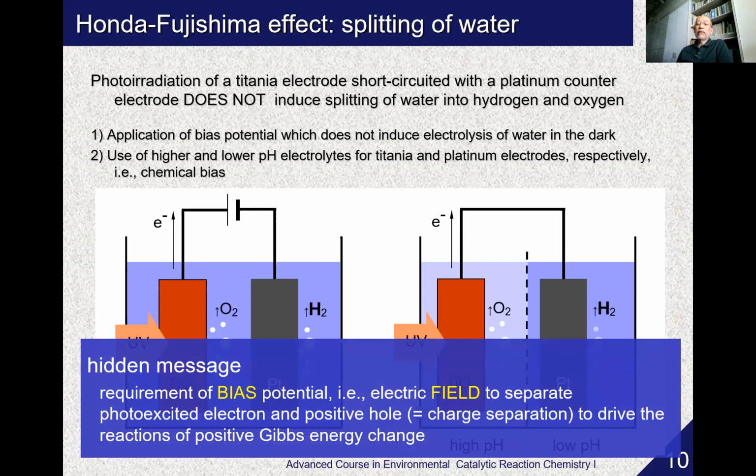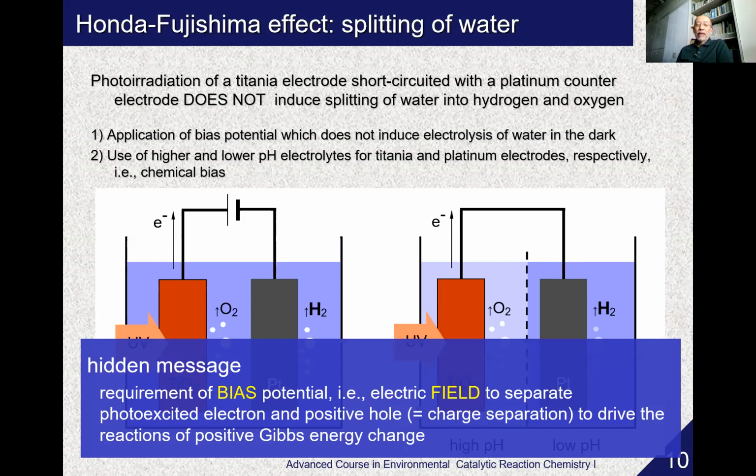The electric field inside the titanium electrode is necessary to separate the photoexcited electron and positive hole. That means it causes the charge separation. So without charge separation, due to the electric field inside the titanium electrode, it is impossible to drive hydrogen and oxygen production.